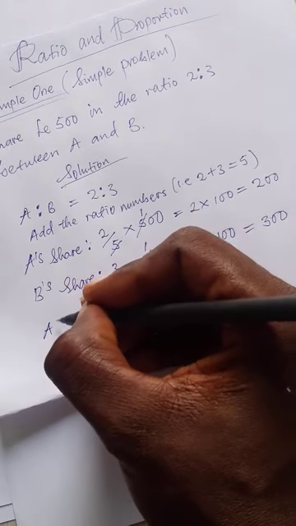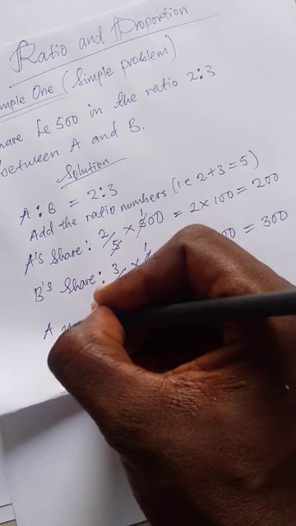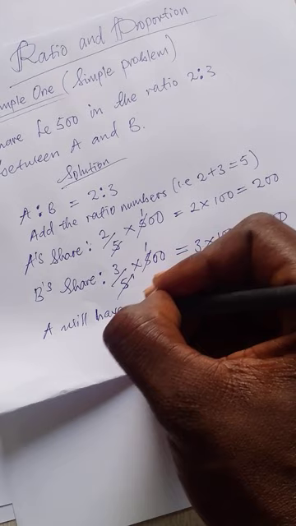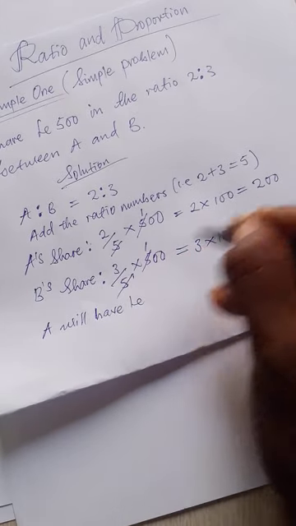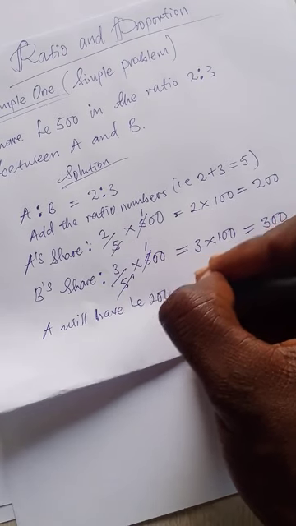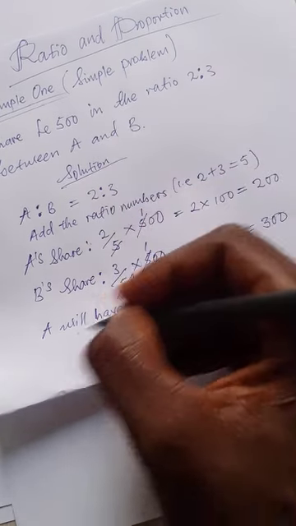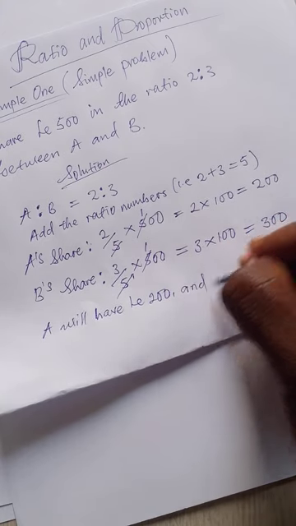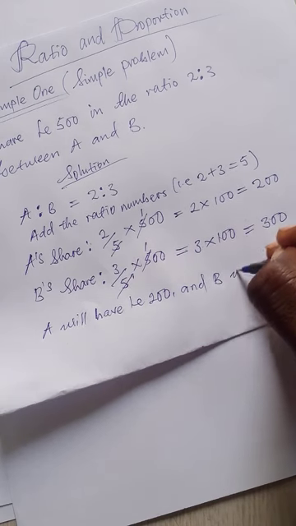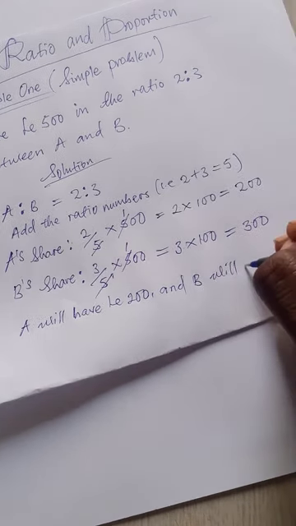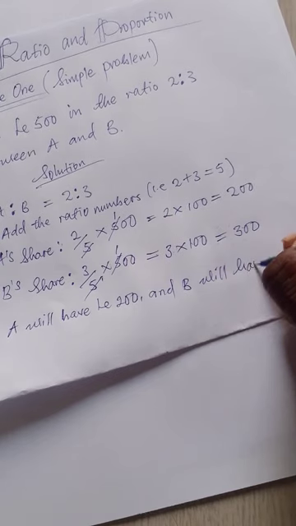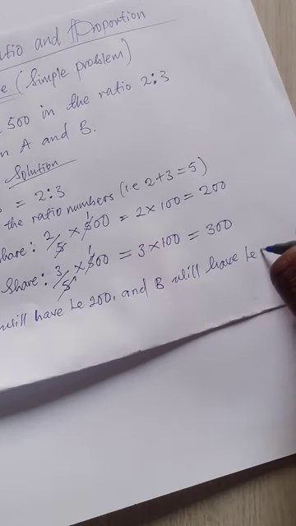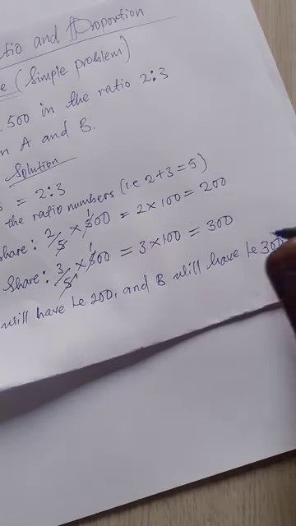So, respectively, A will have 200 loans of the sum, and B will have 300 loans.